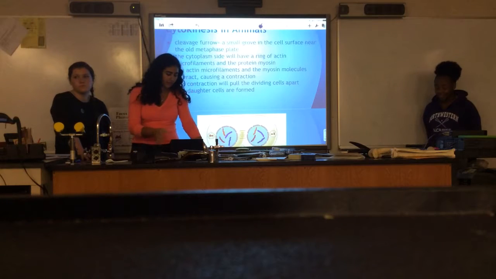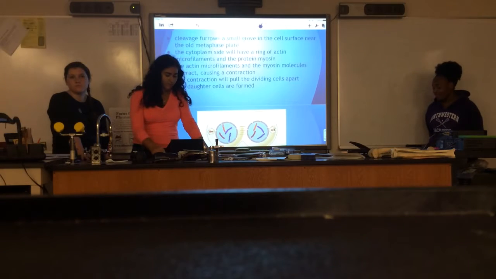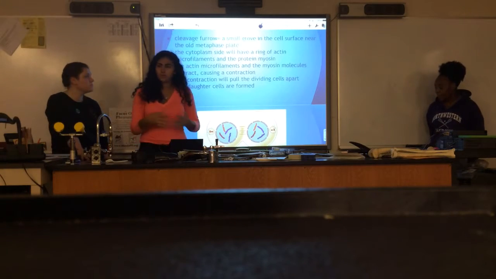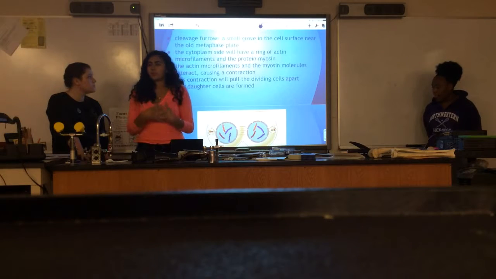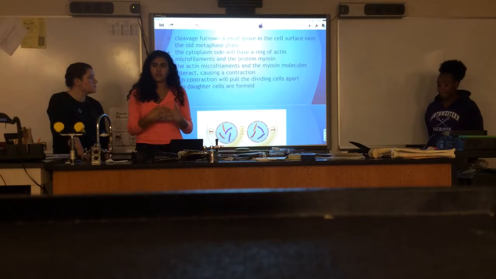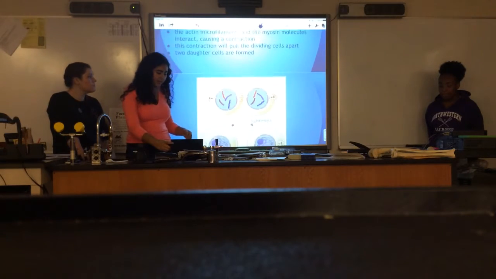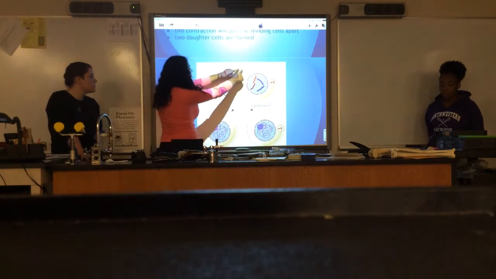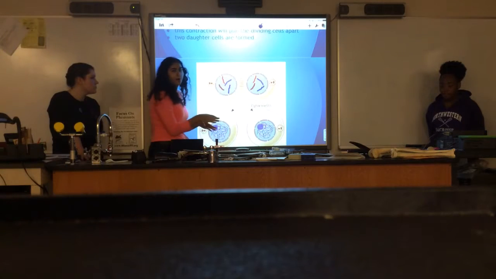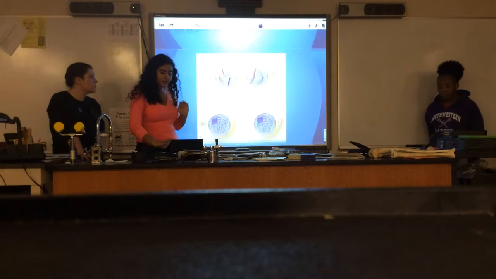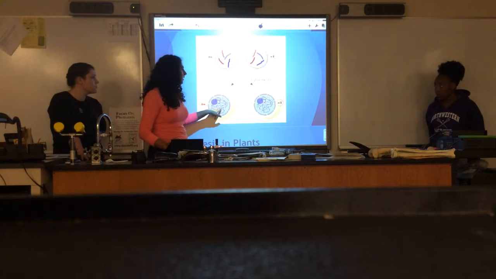Those are like the muscles that help us move. And the protein myosin. And so the myosin and the actin filaments are gonna interact, and this is gonna cause the cell to contract. Through this contraction, they're gonna push the two cells apart, and two daughter cells are going to be formed through this process.